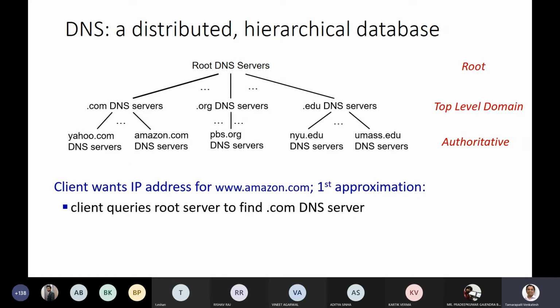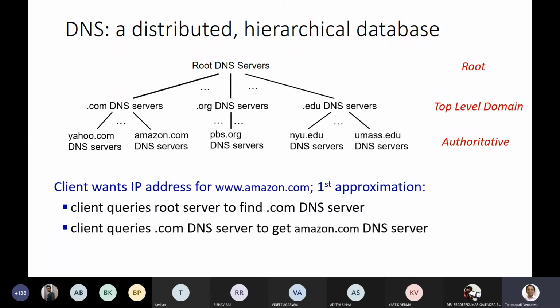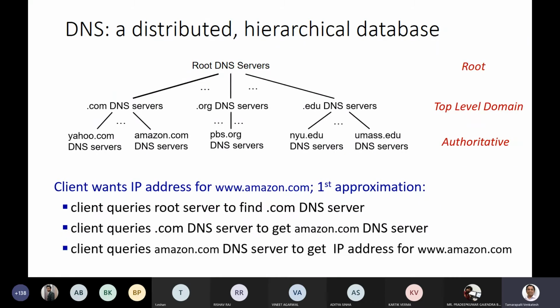So to even find out the .com DNS server, you will have to ask somebody, and that somebody is going to be your root server. Then the client queries this .com DNS server to get the Amazon.com DNS server, and this DNS server is called the authoritative DNS server. Finally, the client queries Amazon.com's authoritative DNS server to get the IP address for the website Amazon.com.